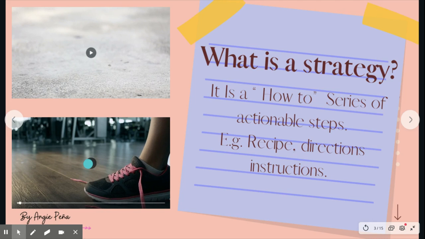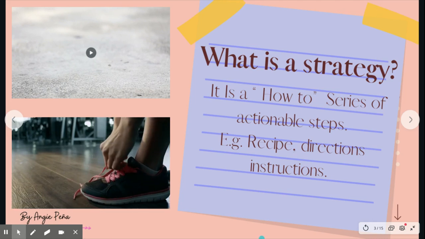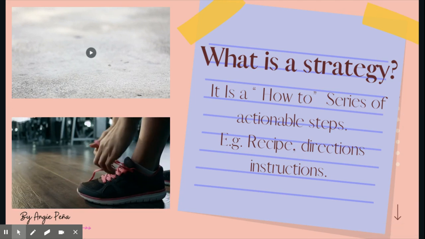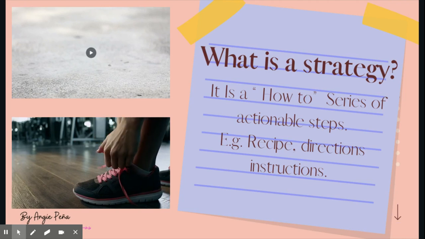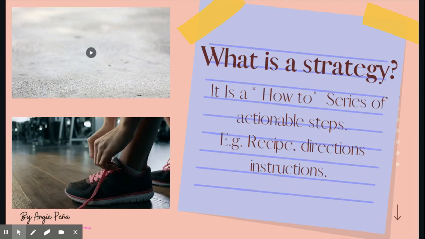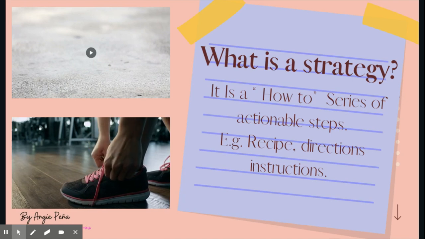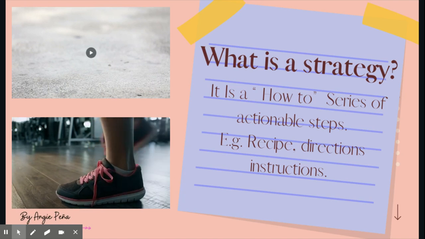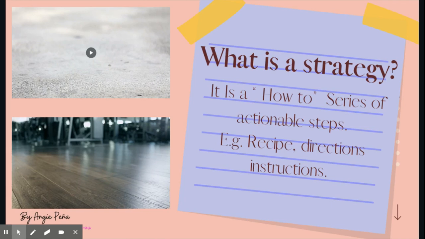And let's observe this one. If you notice, it's absolutely different from the first one. So basically, what we just observed is that the end goal was to be able to tie our shoelace, but they both used different strategies.